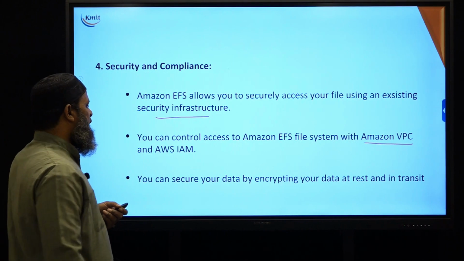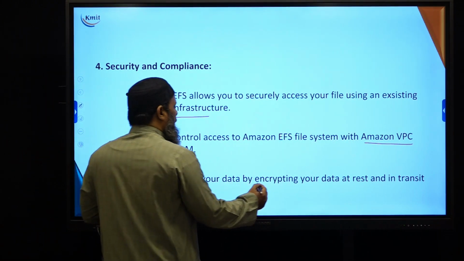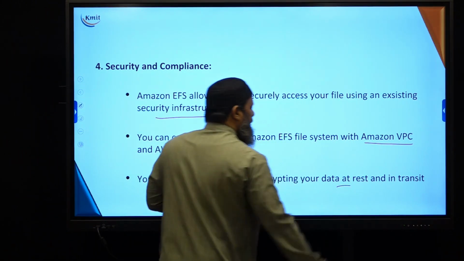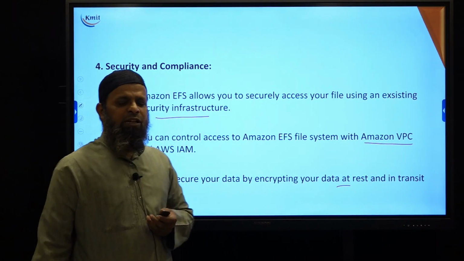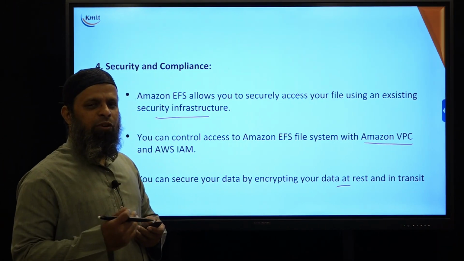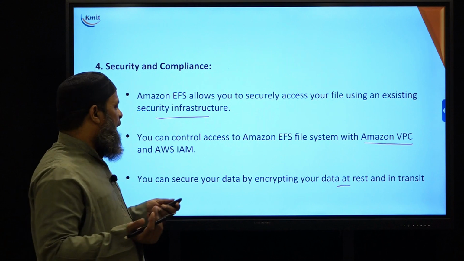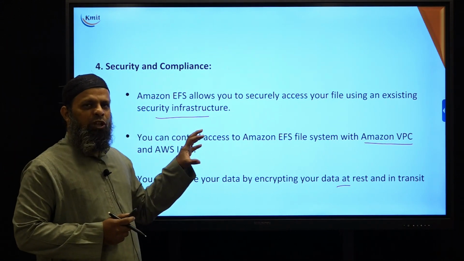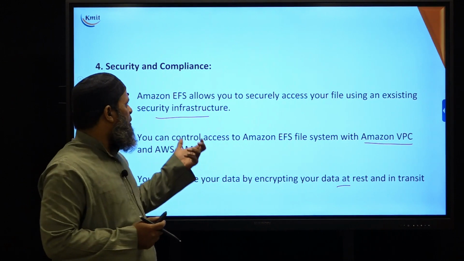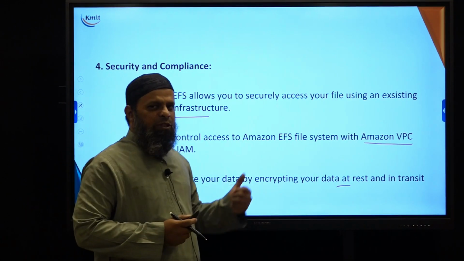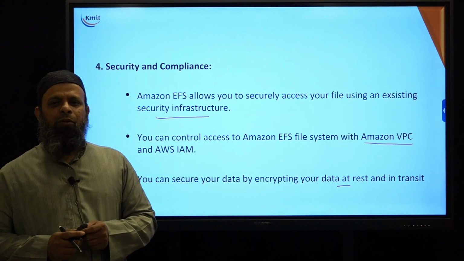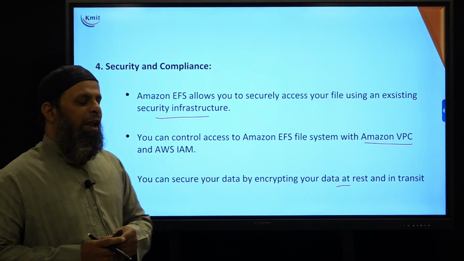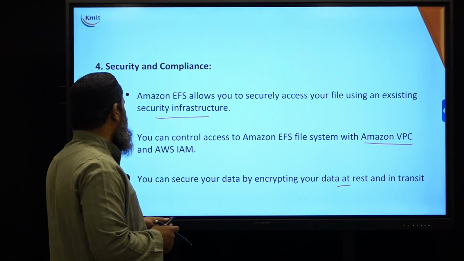You can also secure data by encrypting it, both at rest and in transit. When your files are moving from one system to another, encryption is provided at that time also. So when files are at a storage location, the security is provided by the Amazon VPC, and whenever your files are moving from one user to another user, encryption is done and your files are secured.